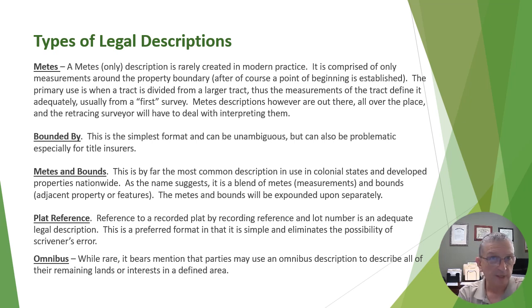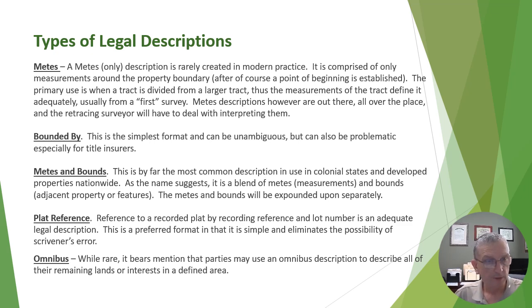Didn't use the surveys for all of it, didn't use the same surveyor for what did get surveyed. And so this omnibus description to one of his heirs basically said anything that's left in McIntosh County, Georgia, that John Doe owned at the time of his death is hereby granted to Margaret Doe Smith.